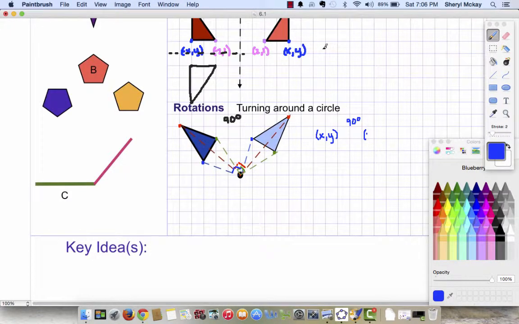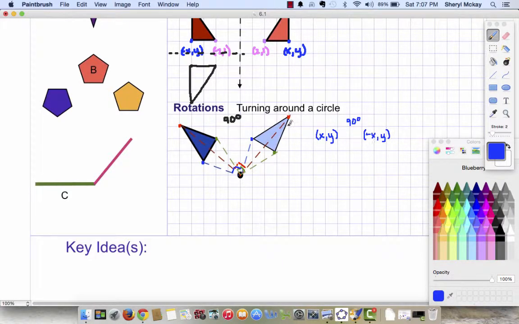If you were rotating it around the origin, it's not always going to be the case, but let's say you were rotating it around the origin and you rotated 90 degrees, your x now becomes a negative x, but your y is still a positive y, okay?